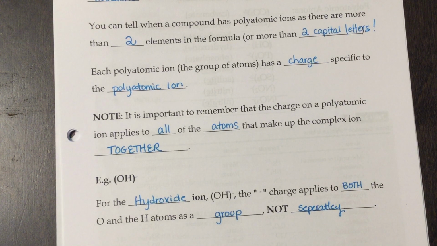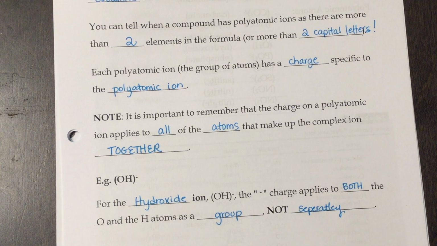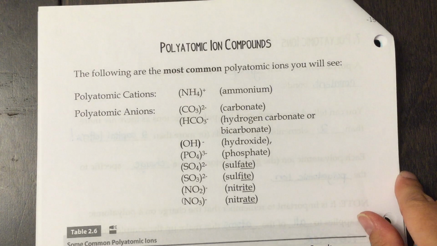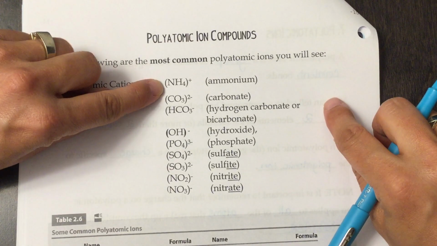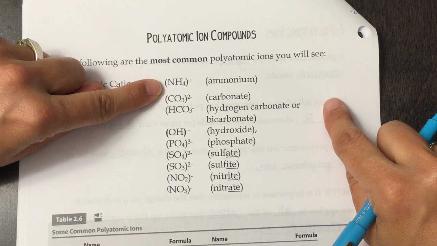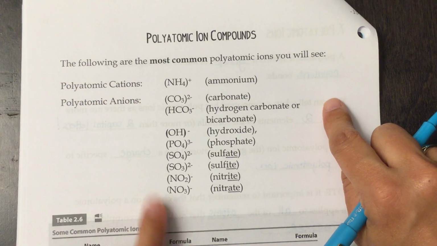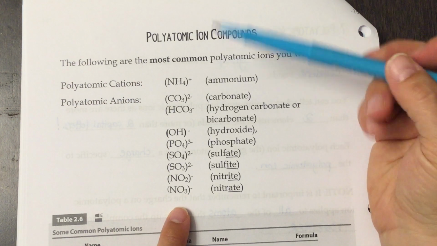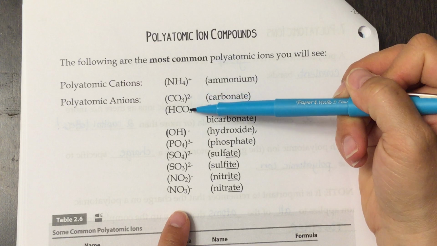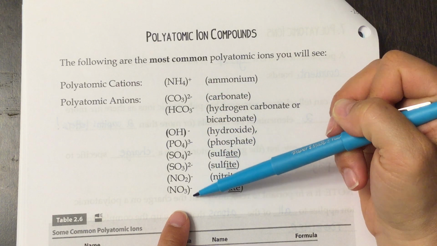Okay, so take a look at the next page because it lists all the polyatomic ions you might possibly come across. Now first notice that they're often written with the brackets around them. That's one key that you have a polyatomic ion, and then it shows the charge written just beside it.